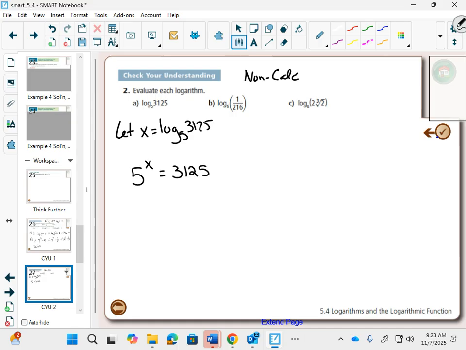And this one wouldn't be asked on non-calculator because it's one higher than on your powers chart. The highest power of 5 that you knew was 5 to the 4 is 625 on your powers chart. This is 5 to the 5. And if we use the same strategy that we did earlier in this unit, if you get the bases the same, I wonder what x could possibly be here.